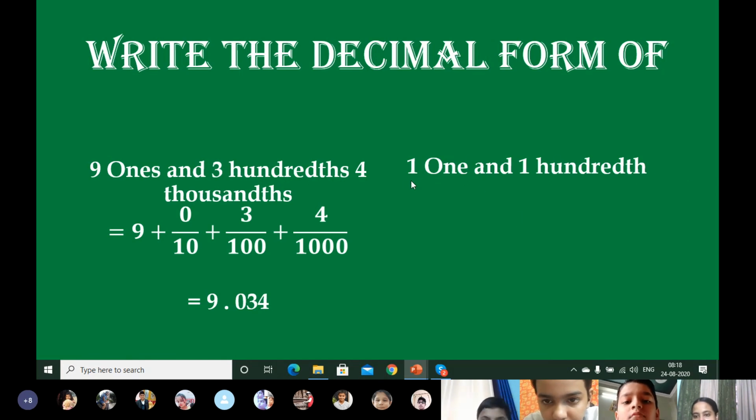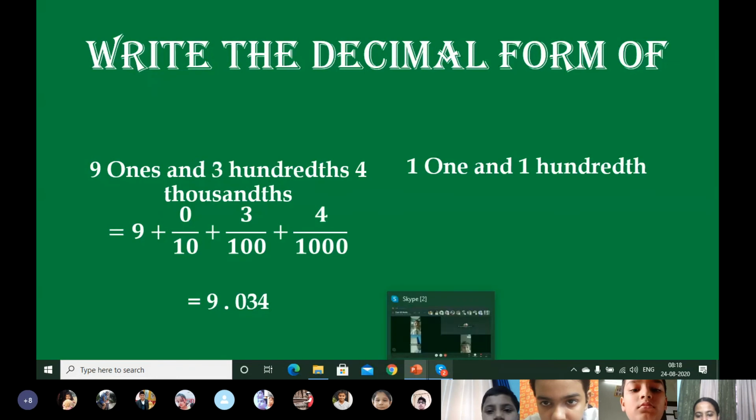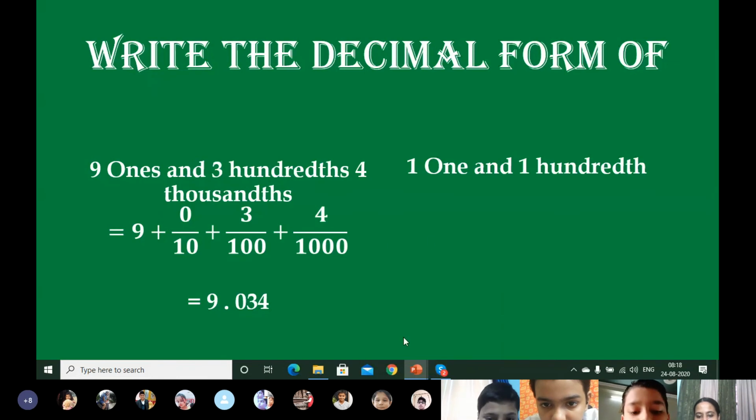Do not make this mistake in the case of number names. Okay? Am I clear? Yes, ma'am. So remember this. For 1, where the place value is 1, we do not write S for the number name.